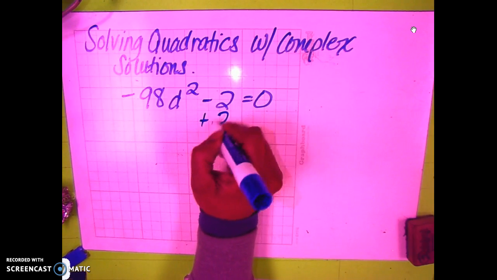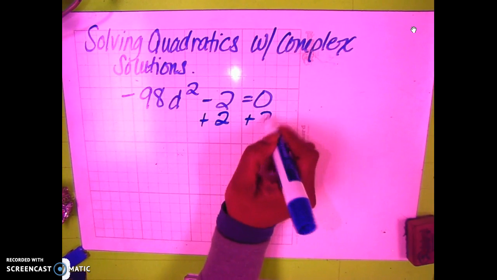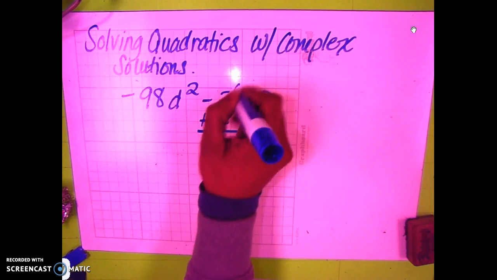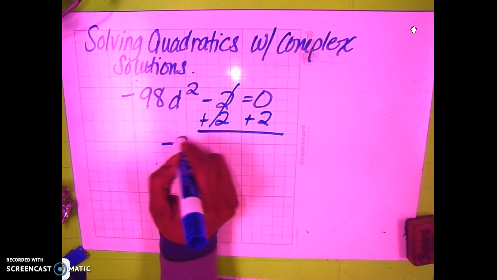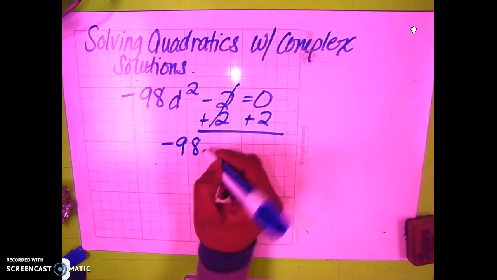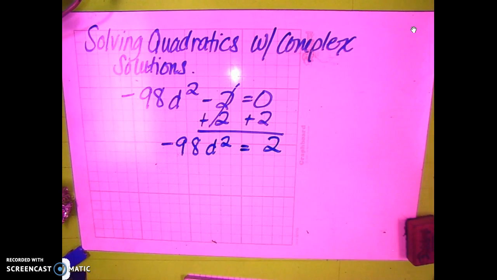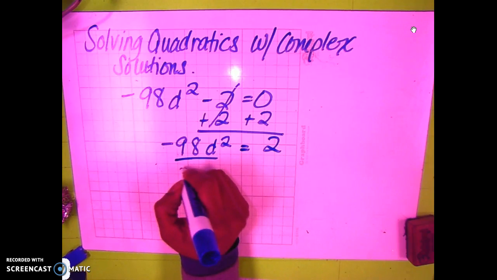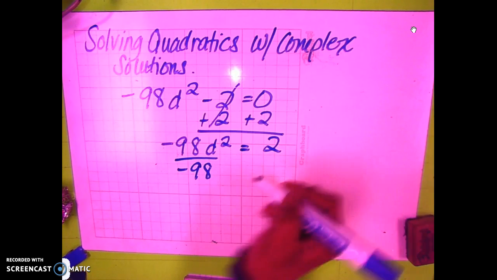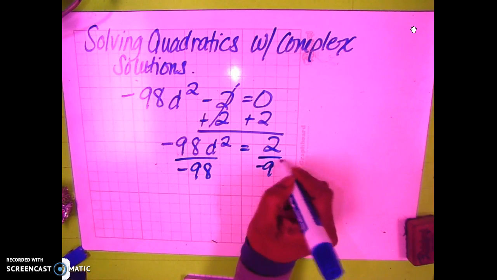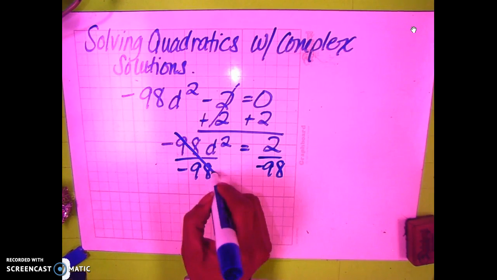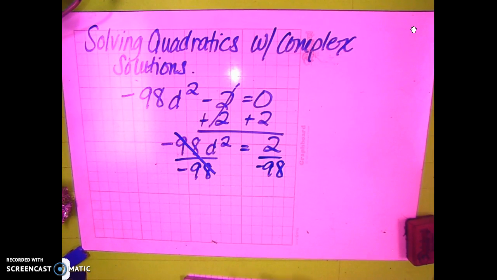So I'm going to add 2 to both sides. These 2's will cancel out. Now I have -98d squared equals a positive 2. Then I need to divide both sides by -98. These -98's will cancel out.